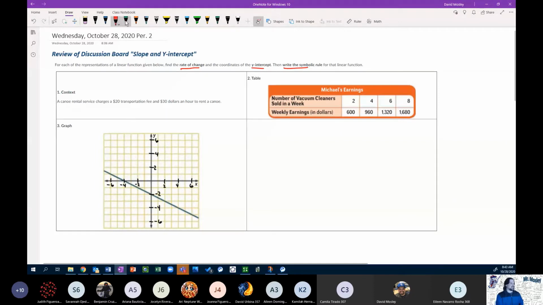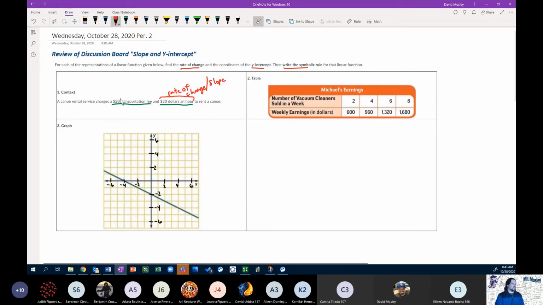In the first one here, we have a canoe rental service that charges a $20 transportation fee, $30 an hour to rent the canoe. So in this case, the $30 an hour, that is our rate of change, otherwise known as the slope.